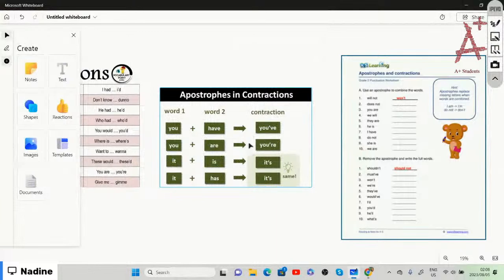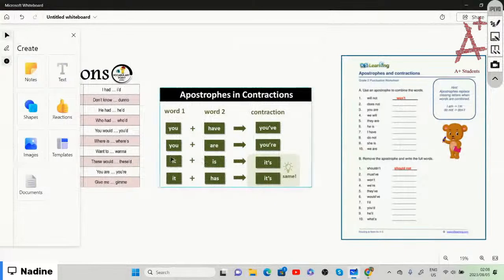Then we have you are. If we write the contraction of you are with the apostrophe, it is you, apostrophe, R-E, for you are, right?